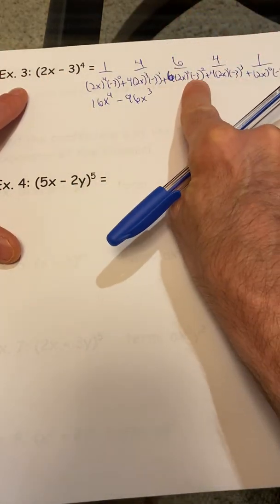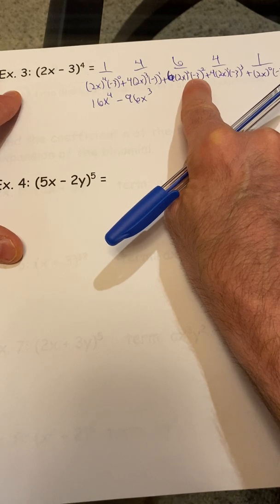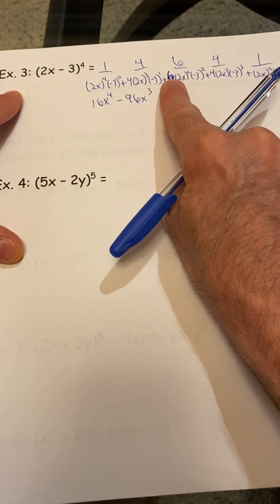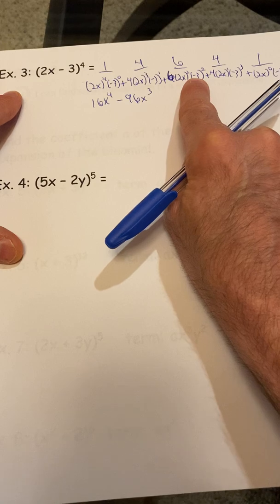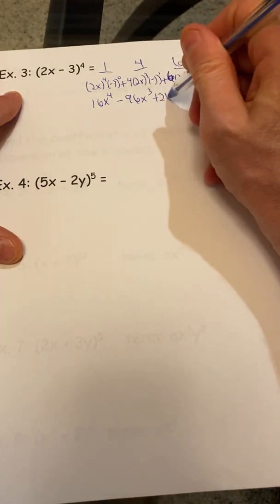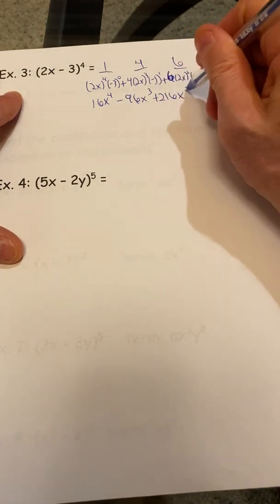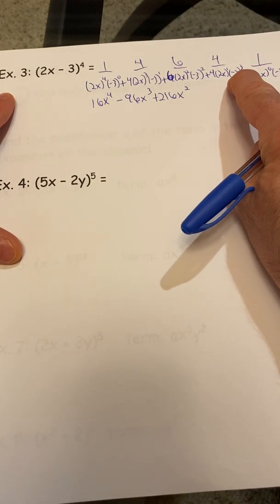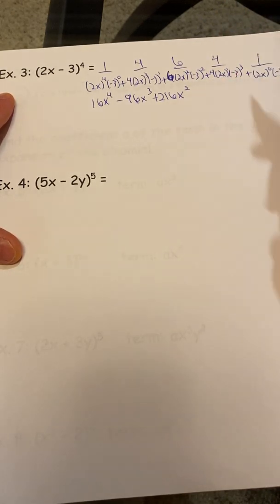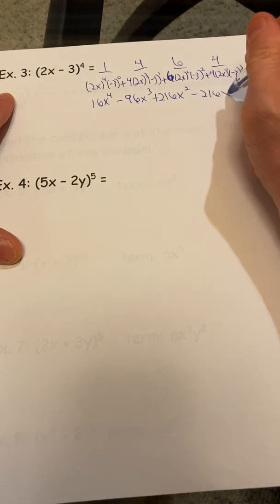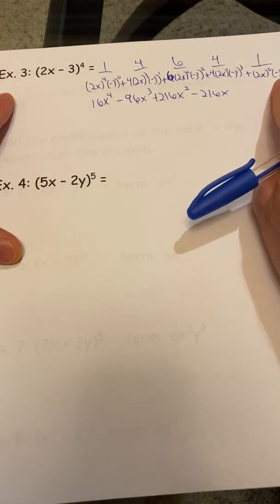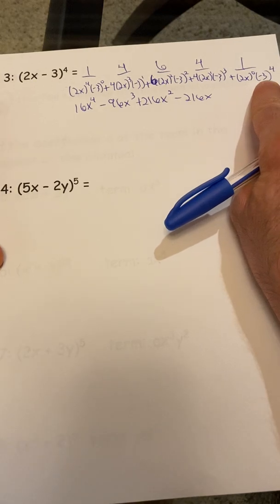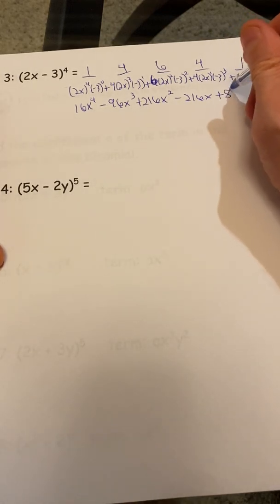Then the next one, because when you take negative 3 and square it, it's positive 9. Well, it's 6 times 4 times 9, which is still plus 216x squared. Then negative 3 to the third, that is negative 27 times 8 is minus 216x plus negative 3 to the fourth is positive 81.